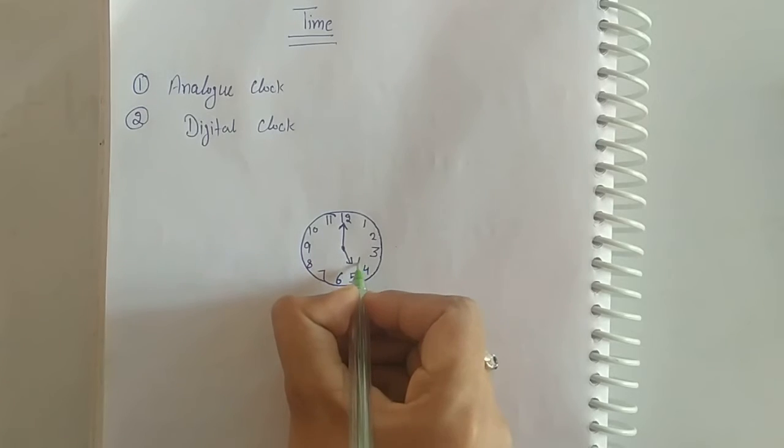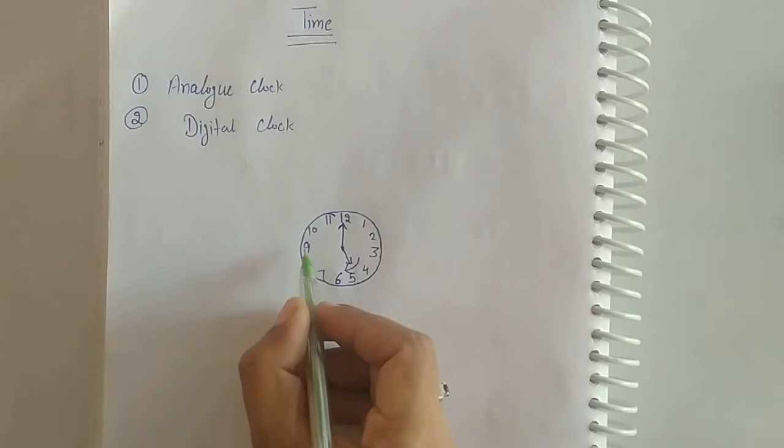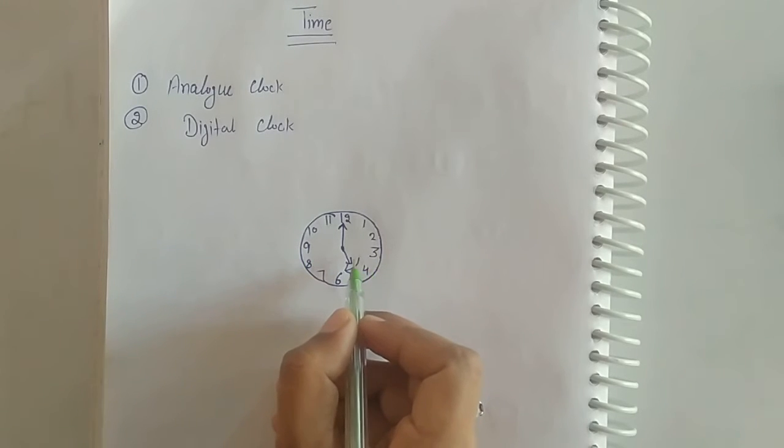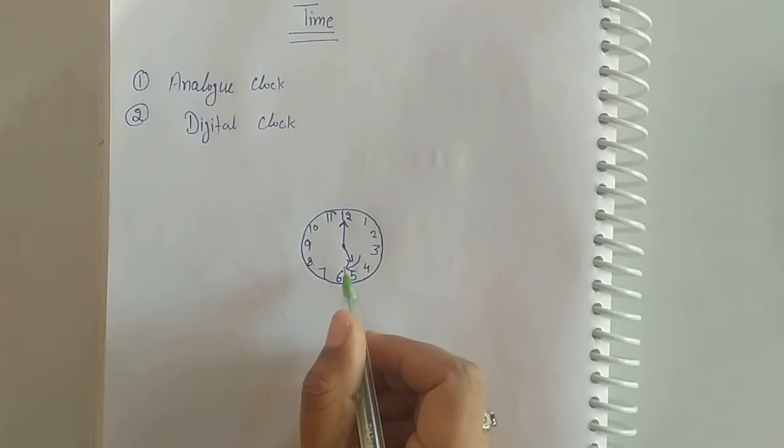When the hour hand moves from one number to the next number, the minute hand completes one round of the clock.